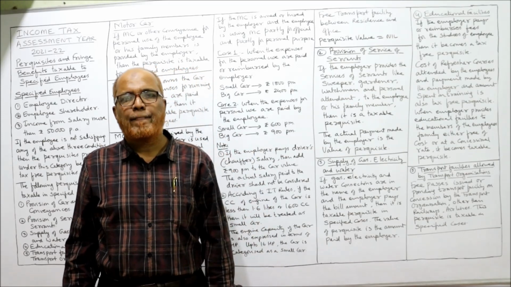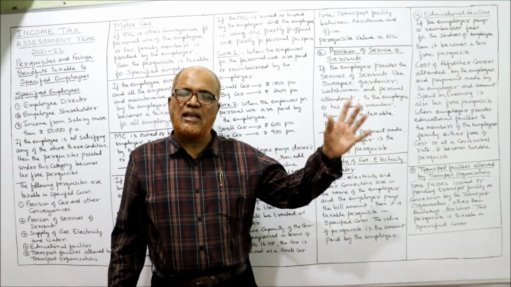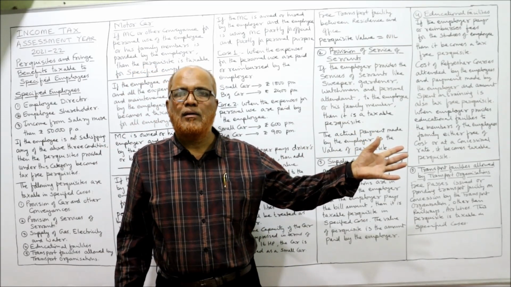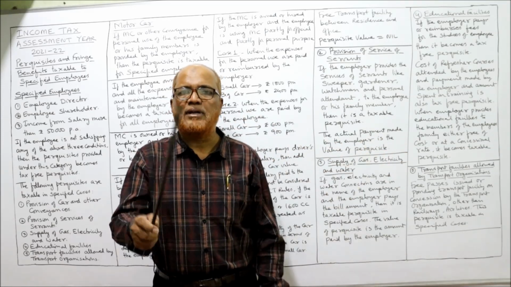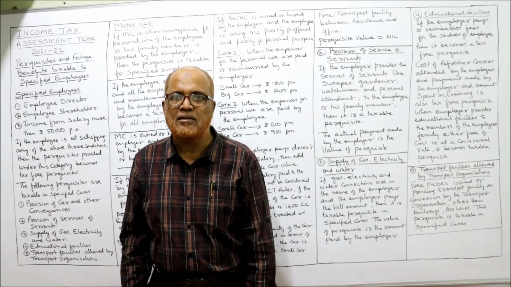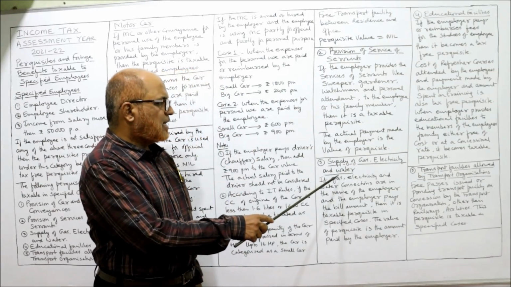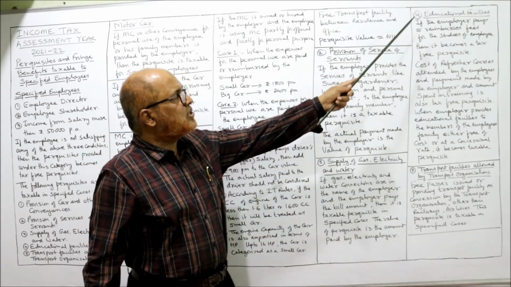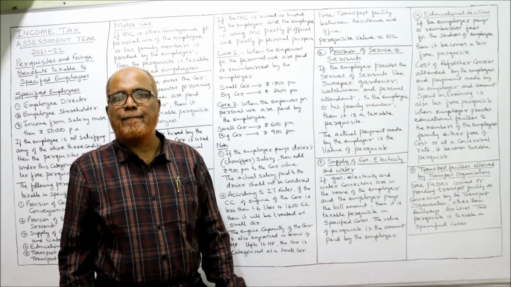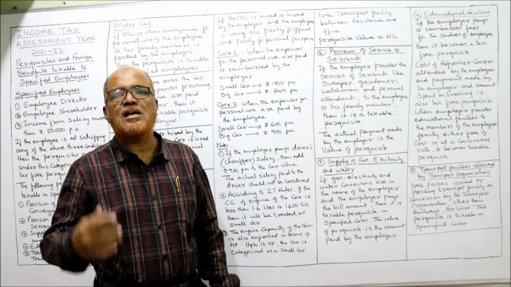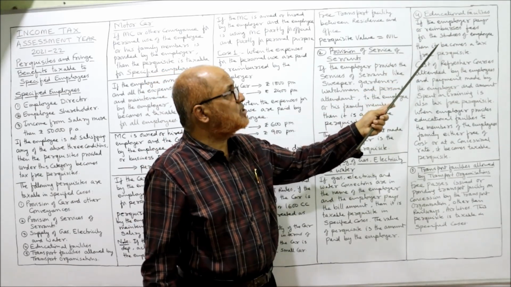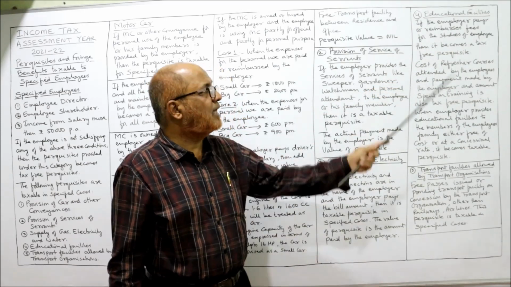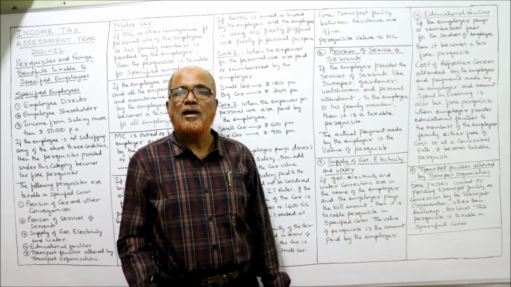Similarly, electricity. Electricity meter is in the name of the employer. Electricity used by the employee, payment made by the employer, taxable perquisite in your hand. Same is the case for water. Next comes educational facilities. If educational facilities are provided, in what sense? If the employer pays or reimburses fees for the studies of employee, then it becomes a tax-free perquisite.